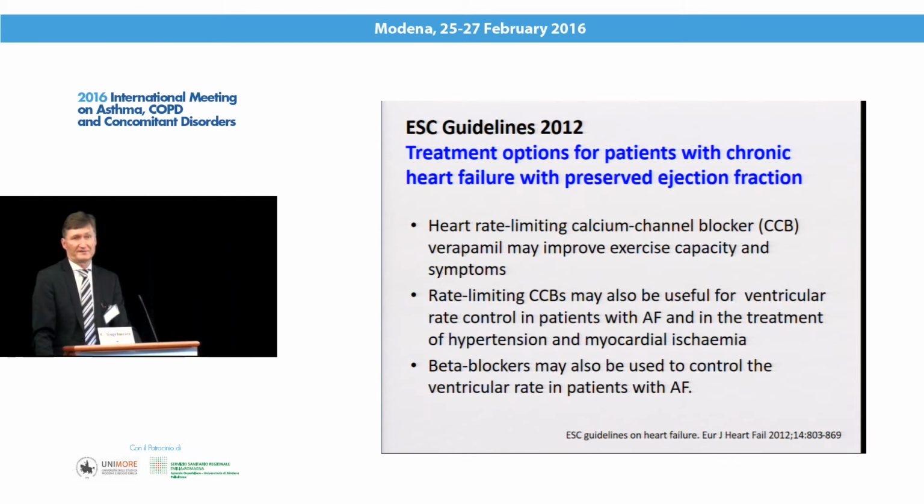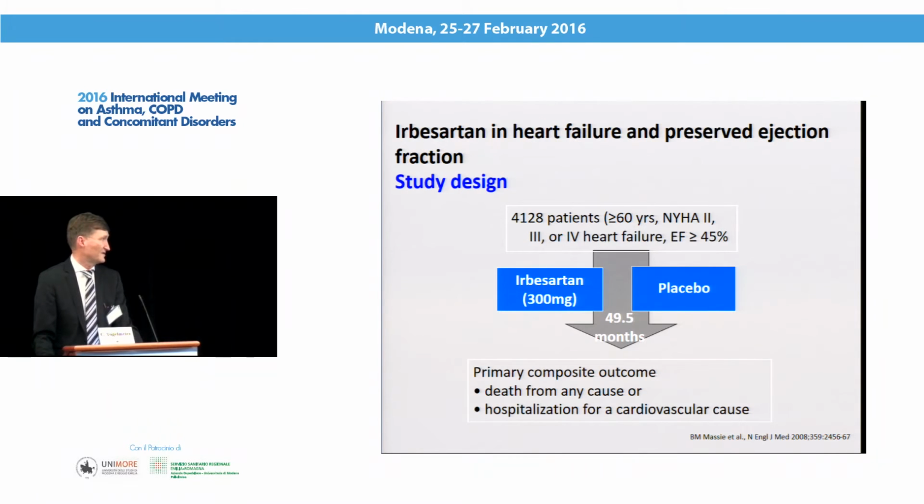But the fact is that all the trials that have been performed to find out if this makes any difference failed. And a typical example is this one. This was one of the most prestigious studies published in the New England Journal with irbesartan in a huge number of patients, more than 4,000 patients that had New York Heart Association 2, 3, or 4 heart failure with a preserved ejection fraction.